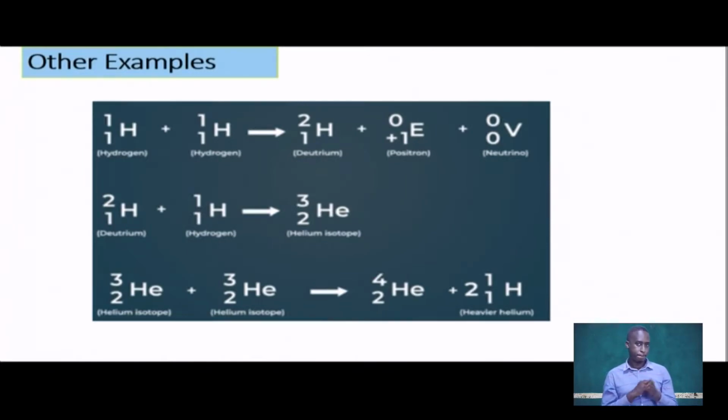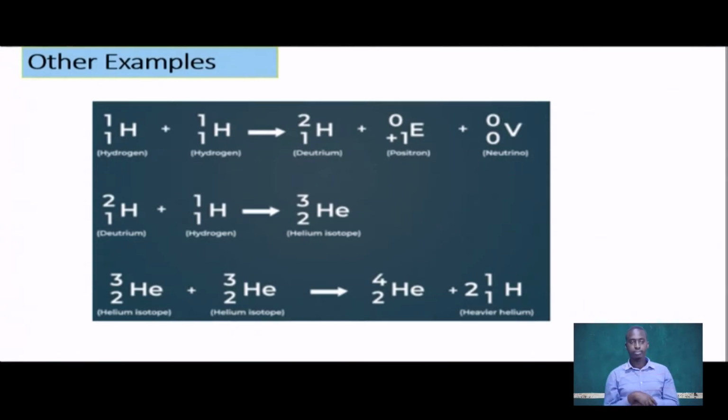This is hydrogen fusing with hydrogen to give hydrogen 2, together with a positron and a neutrino. That is the first process, remember, in the stars or the sun.